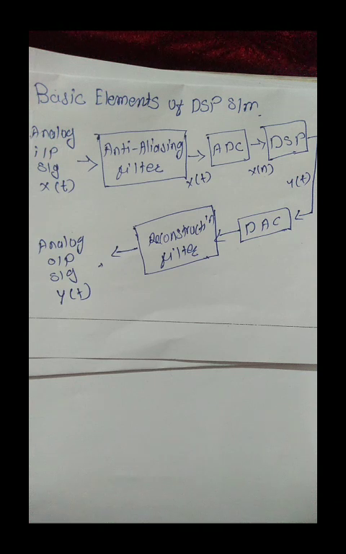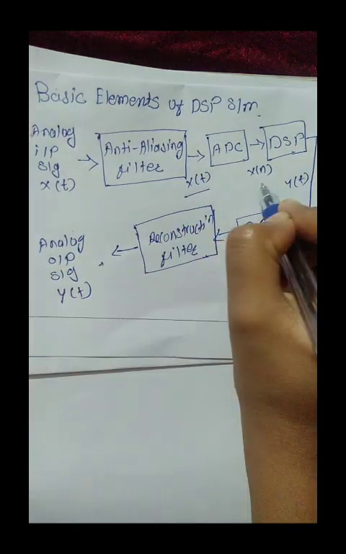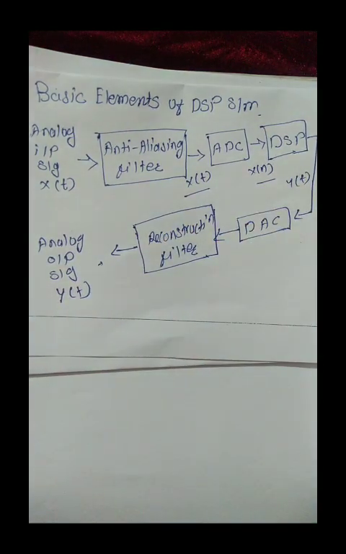As the name suggests, the analog to digital converter converts a continuous signal x of t into a discrete signal x of n. Next block is the DSP, the digital signal processor. This is the heart of the DSP system.